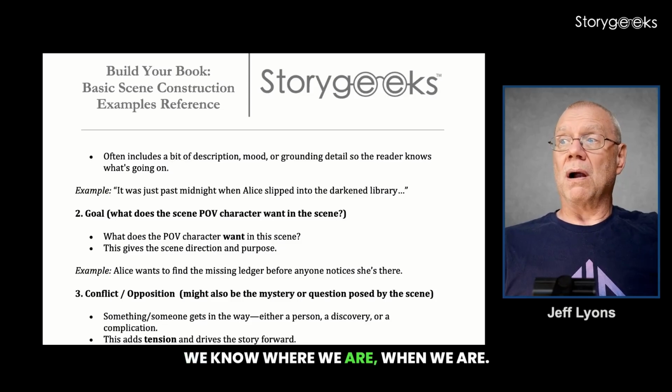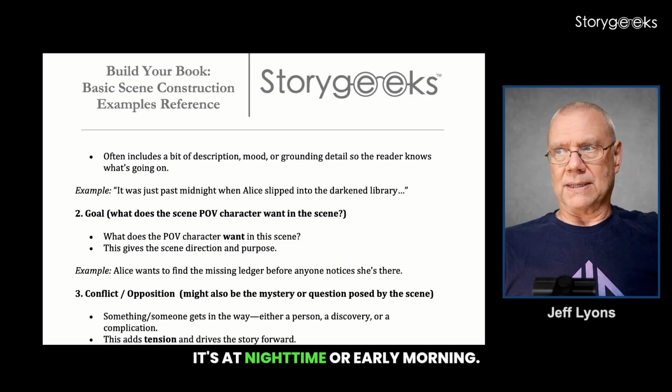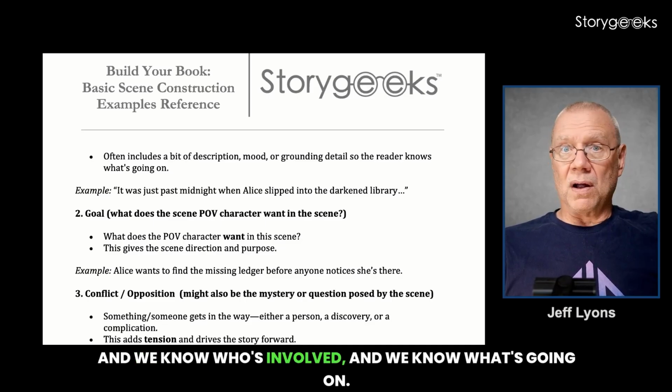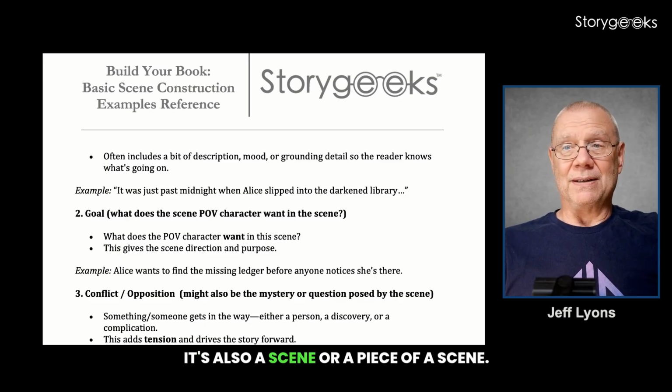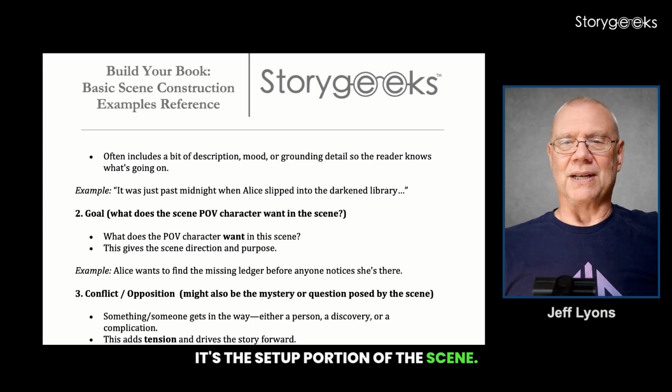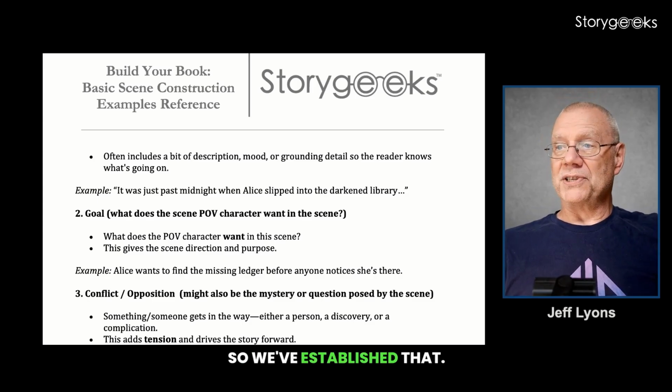We know where we are, when we are. It's at nighttime or early morning. And we know who's involved. And we know what's going on. That is a beat. It's also a scene, or a piece of a scene. It's the setup portion of the scene. Okay? So we've established that.